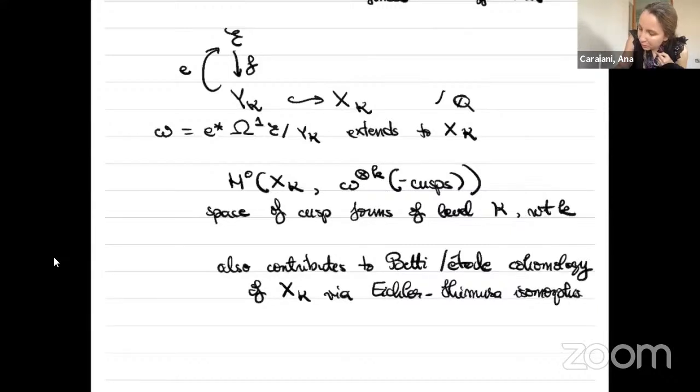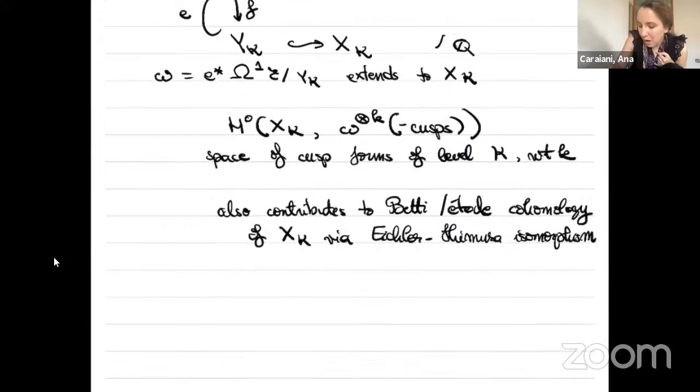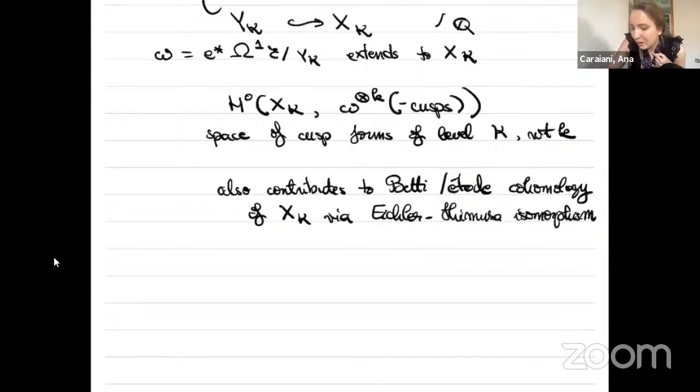So the Eichler-Shimura isomorphism is going to compare Betti cohomology with de Rham cohomology, and you see this contribution from these global sections over the automorphic line bundles.